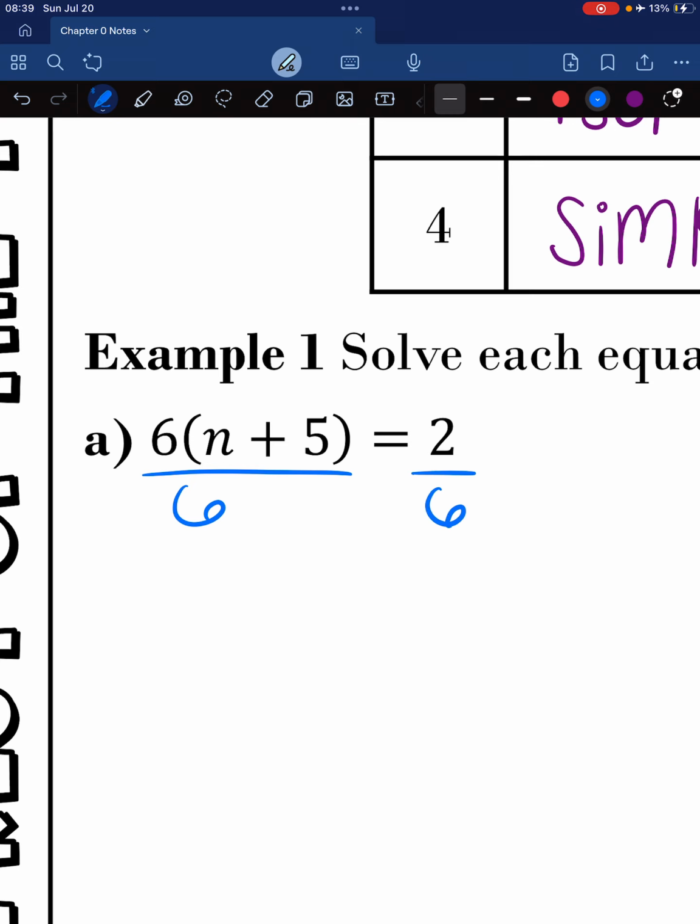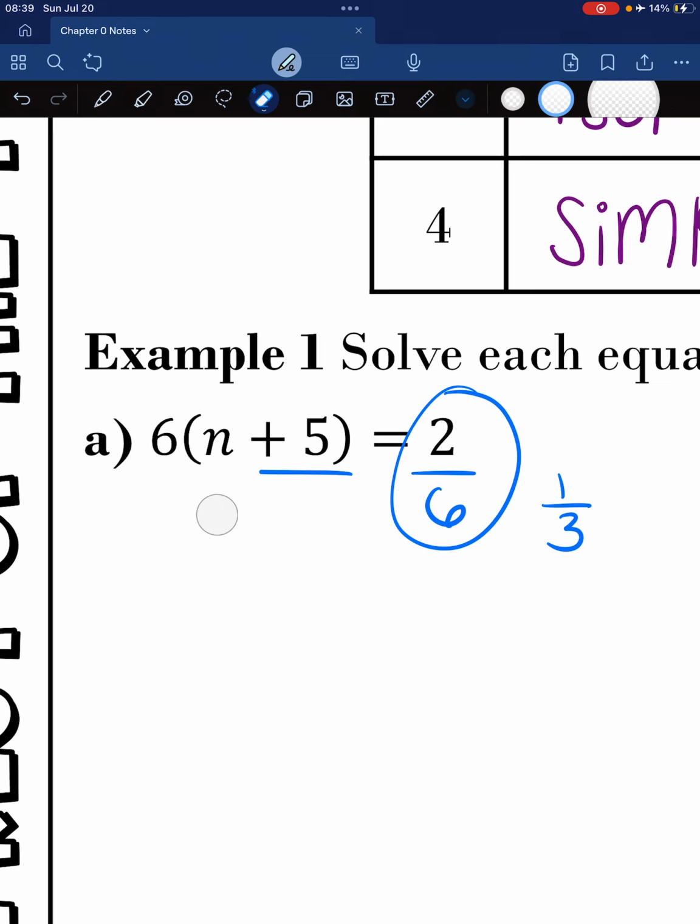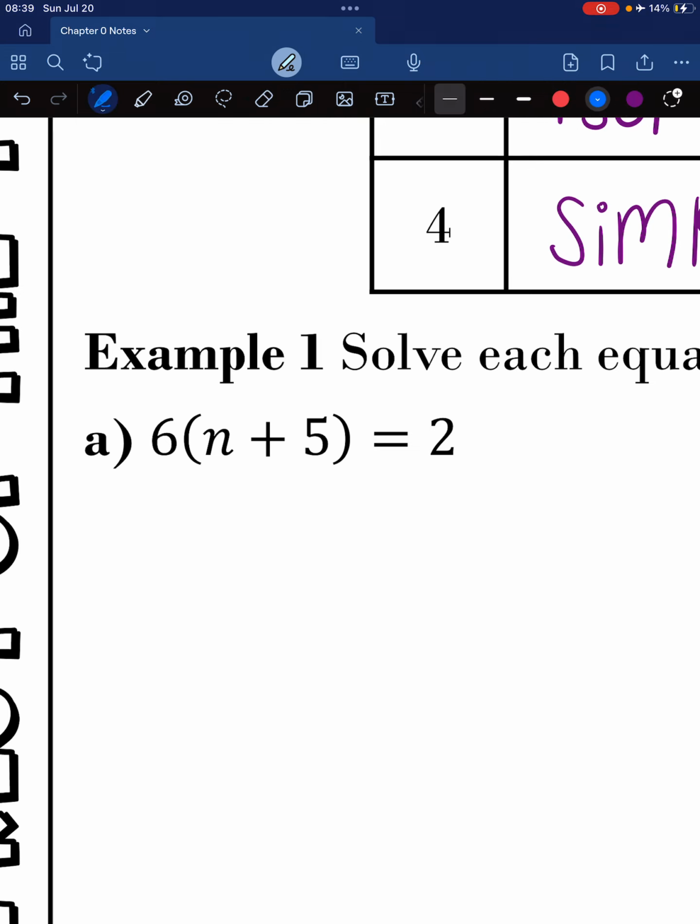The issue is if I divide both sides by 6, 2/6 is going to either stay a fraction or a repeating decimal, right? That's going to simplify to 1/3. And I really don't want to deal with fractions this early in the problem. It's not the worst thing because we do have a calculator. Our calculator will deal with those fractions for us. But I just like to avoid them if I can. So I would, in this problem, choose to distribute first.